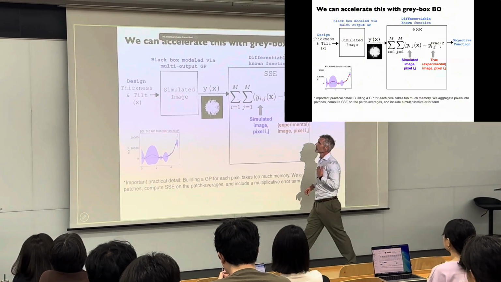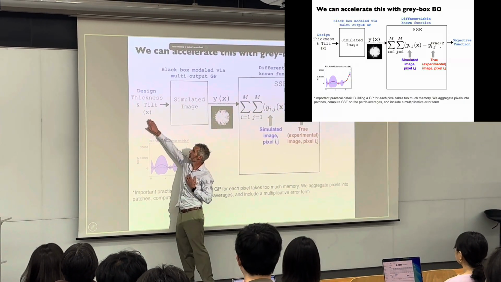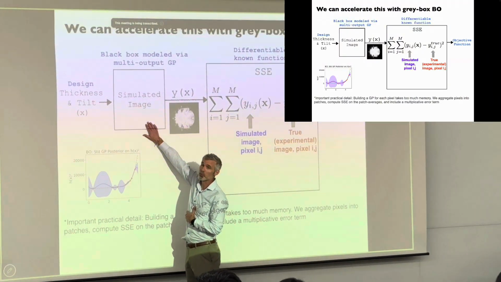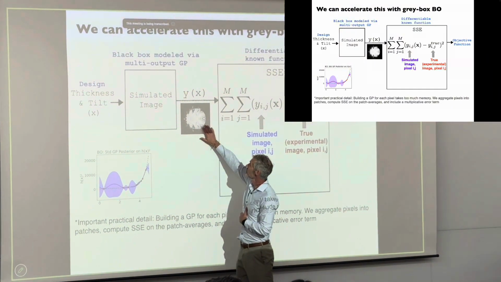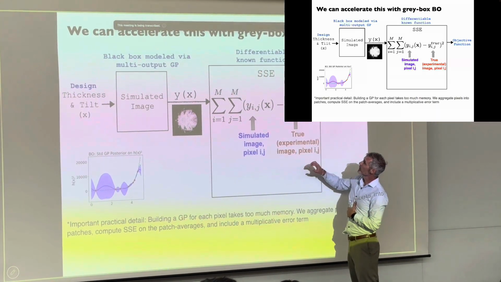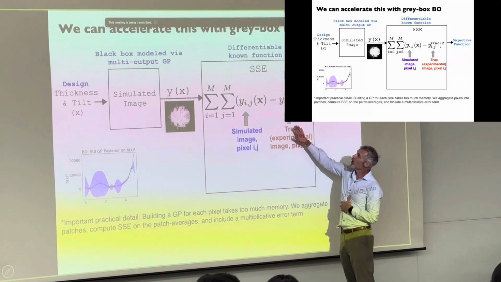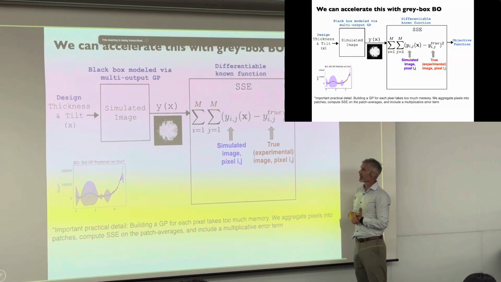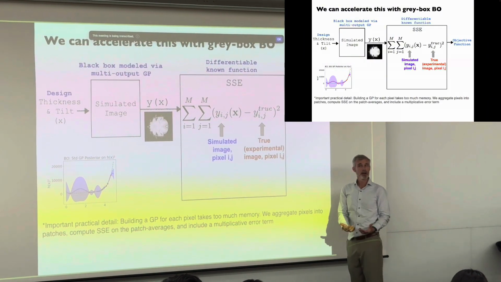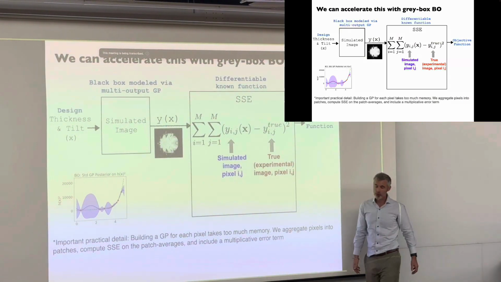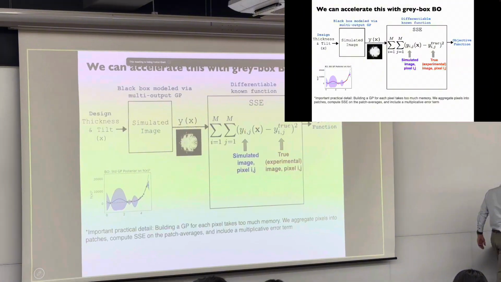I have a vector x, which goes through a black box function, which produces a simulated image like this. So that's y of x. And then that simulated image goes through a known function, which calculates the sum of squares, and you're trying to minimize that. So let's just apply the methodology that I explained to help accelerate your electron microscopy characterization.